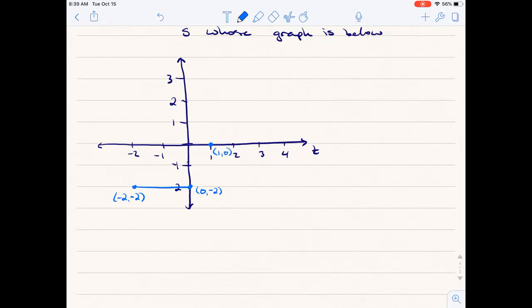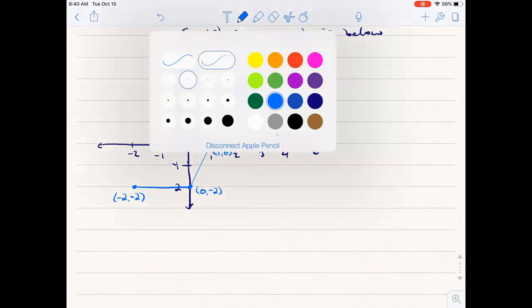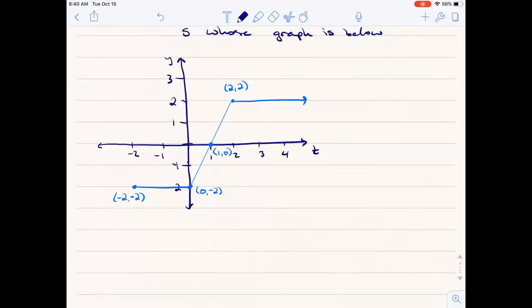And then this line ends at 2, 2. And then after 2, 2, it's a constant function at y equals 2 forever, indicated by the arrow.